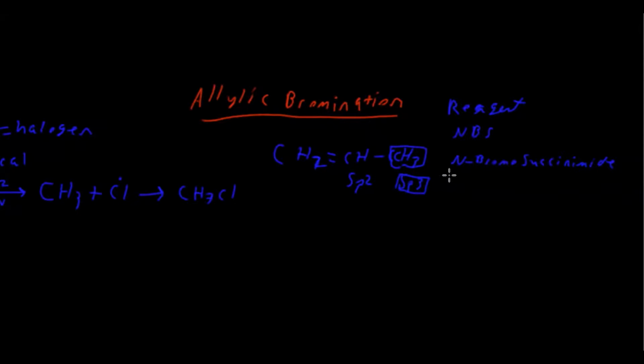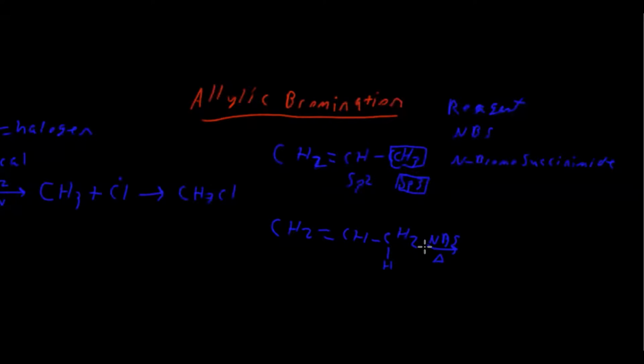So say we have a molecule, and we are going to react it with NBS. And when it reacts with NBS, it also needs heat, and for heat we just write a little delta sign here.